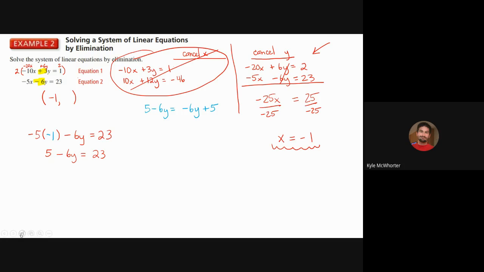And if we write it that way, it might be easier to see that we really need to subtract 5 from both sides to get that off of there.